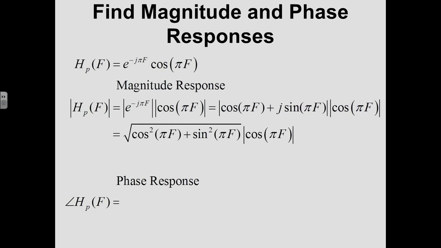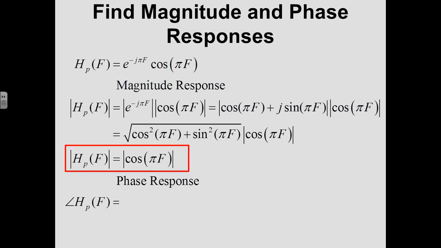But the magnitude of the complex exponential degenerates into cosine squared plus sine squared, which we know is just 1. And so the magnitude of this function is just the magnitude of cosine pi f. So here we see the value of breaking out that complex exponential term by itself that has a magnitude of 1 and doesn't affect the magnitude response at all. And then we're left with a real function, cosine pi f, whose magnitude is simply the magnitude of that function.